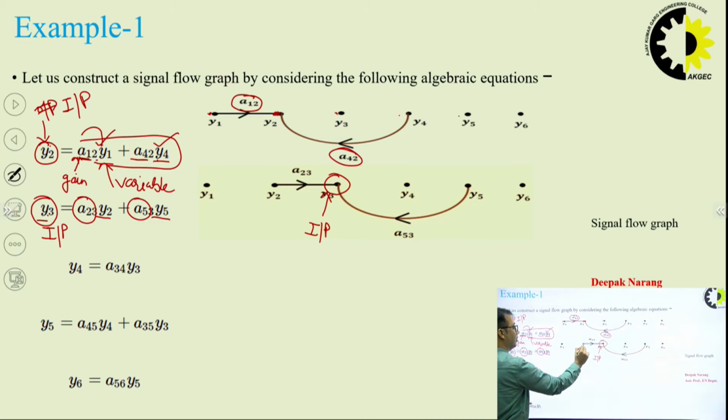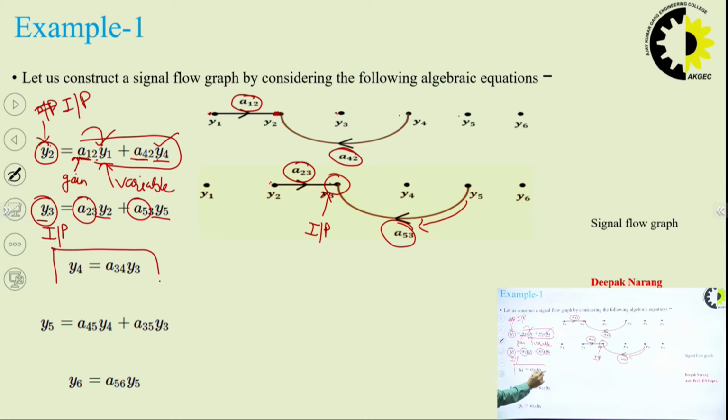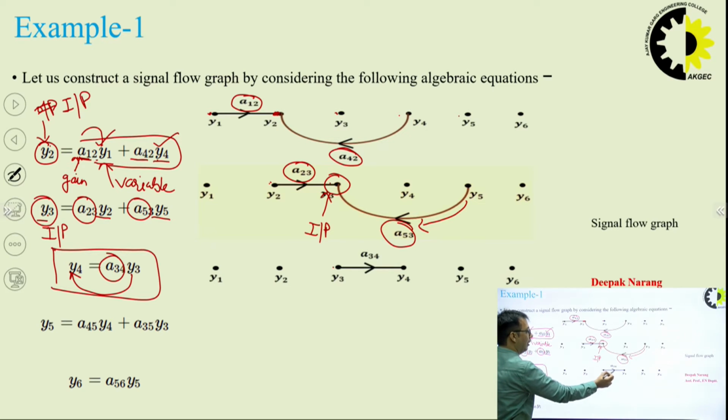One branch we will join from y2 to y3 and one from y5 to y3 with coefficients a23 and a53. Next, we can see there is only one node which is coming towards y4 with gain a34. So, we simply join y3 to y4 with this gain.